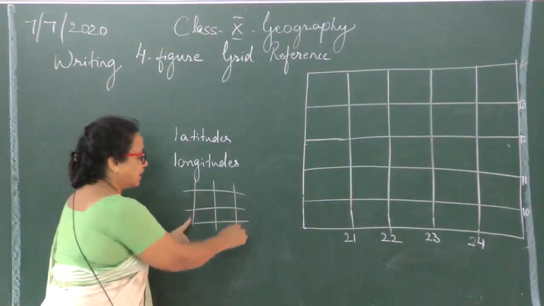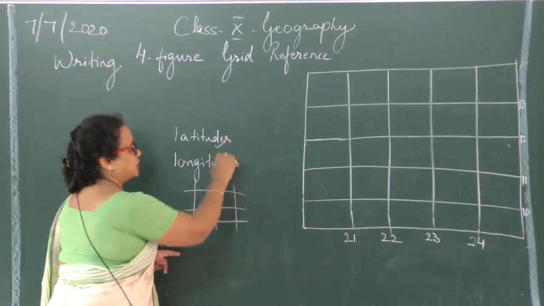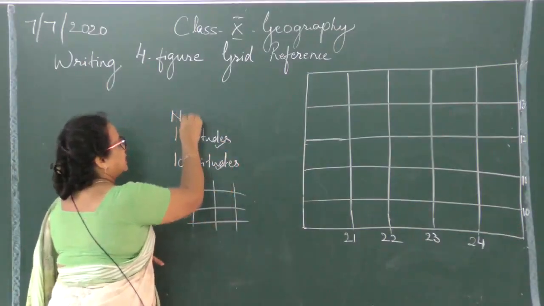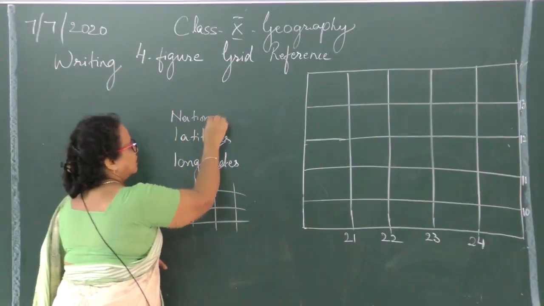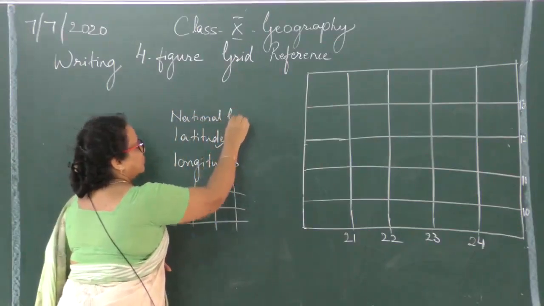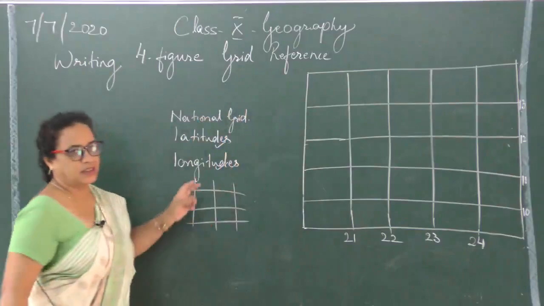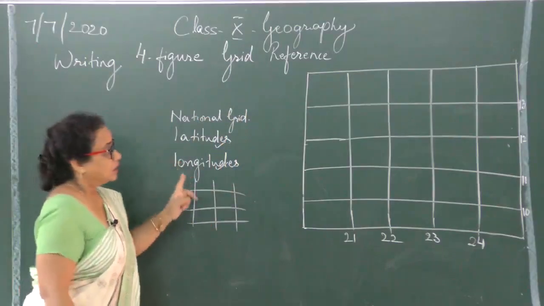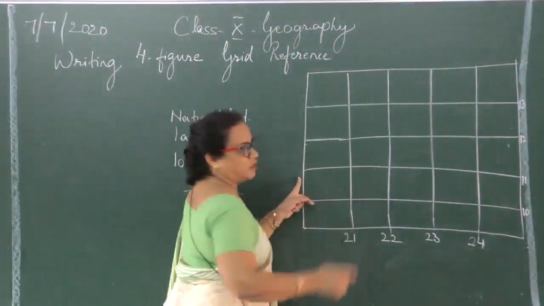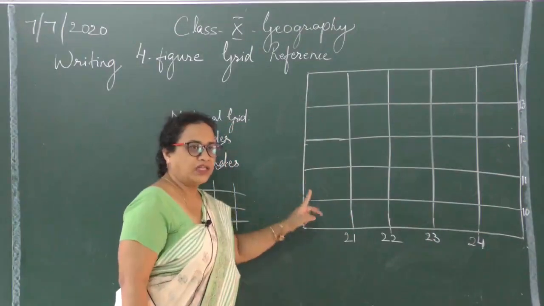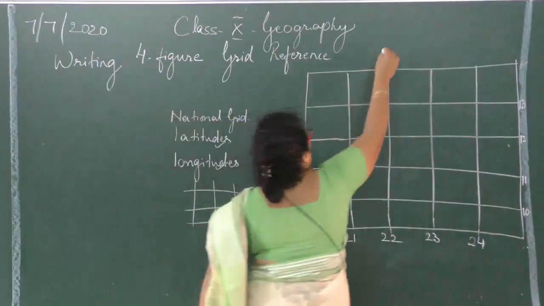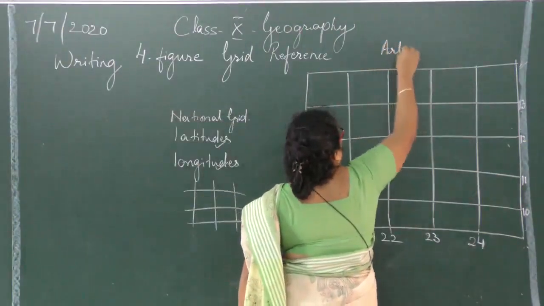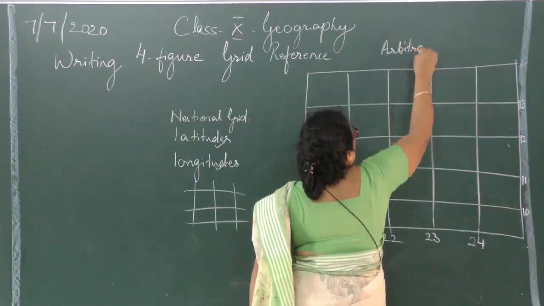Now, this grid which is formed by latitudes and longitudes is known as the national grid. National grid. Clear? Here also a grid is being formed. We call it by another name, arbitrary grid.